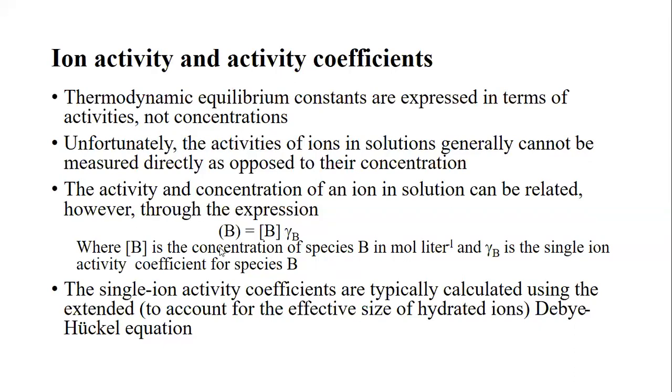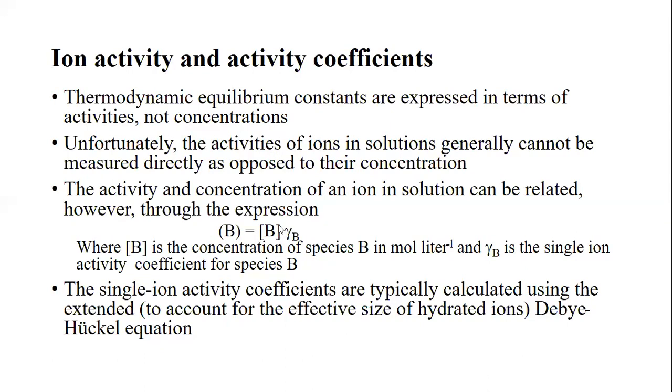So this is the relationship between the activity of any ion. It can be a cation or an anion, it doesn't make any difference as long as it's an ion in solution. The brackets, the parenthesis, always indicate the activity, which is unknown. We have to calculate it. Concentration we obtain from the laboratory, so we can measure it.